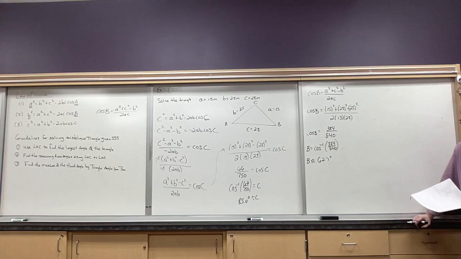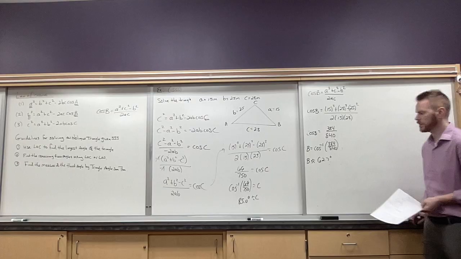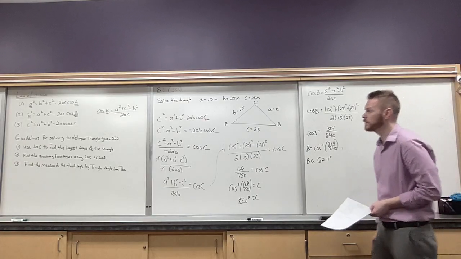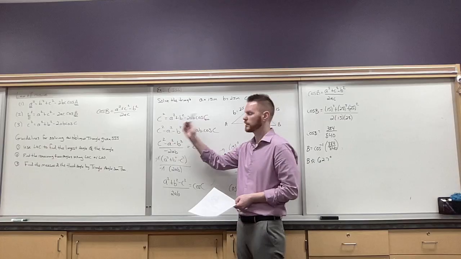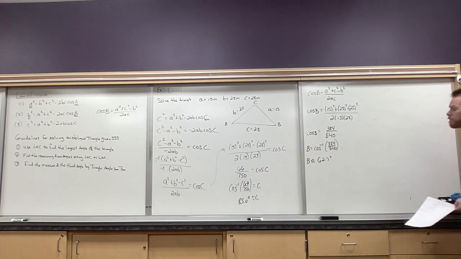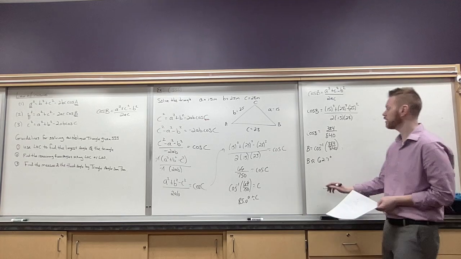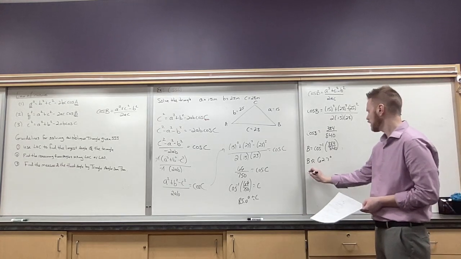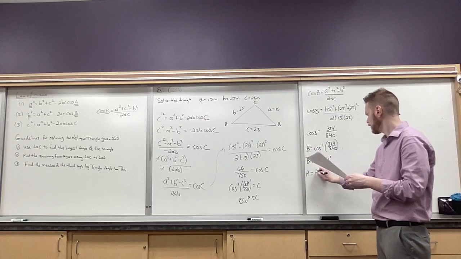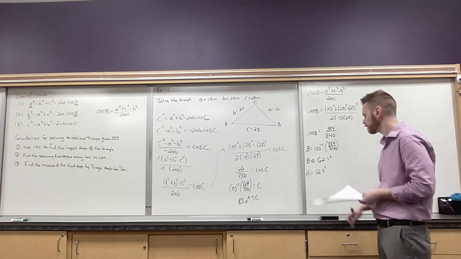And just to emphasize, because again, I know a lot of people don't like rearranging a formula and then plugging values in. Honestly, it's not bad practice to do that anyway. But if you just want to plug the numbers in as it is and then solve for cosine of C, that's fine. Okay, now to find the last angle, what do we got left? A. I would just subtract those values from 180, and we get A to be 32.3 degrees.